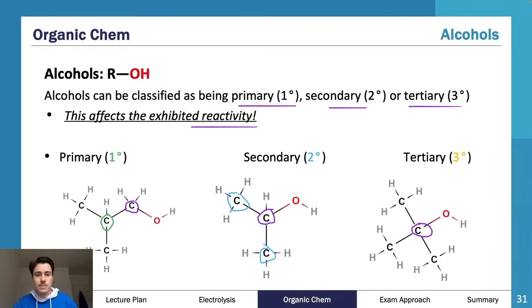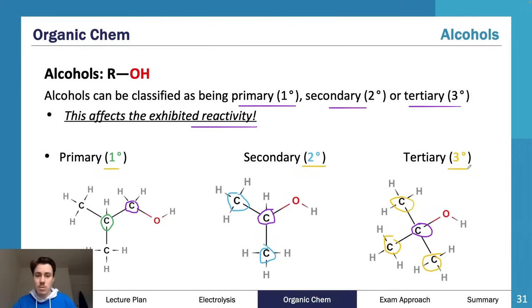And then, just coming back, this carbon has this many coming off it. So, really important. I have 3 scenarios here. I have one where I've got 1, I've got one where I've got 2, and I've got one where I've got 3. And notice the naming. I have primary, secondary, tertiary.